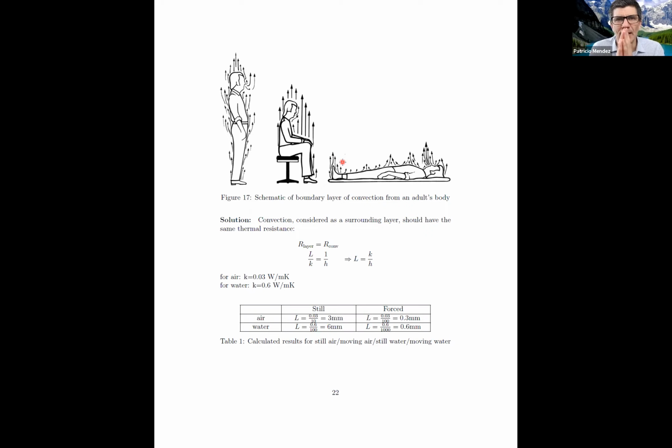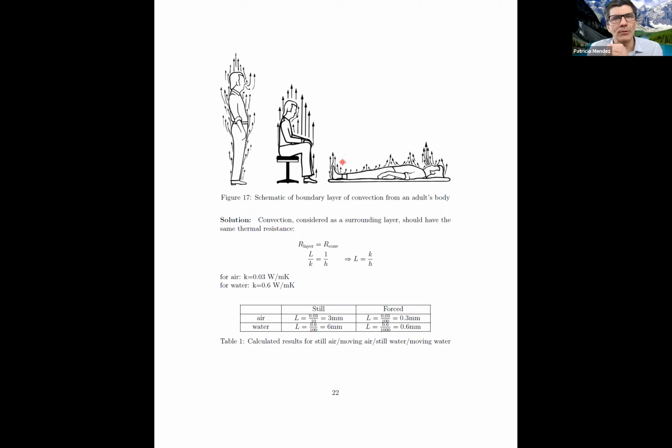Now, what I'm saying is that in reality, this 1 over H, which is convection, is conduction through a layer of air. The amount of heat going through that layer of air is the amount of heat of what we call convection.